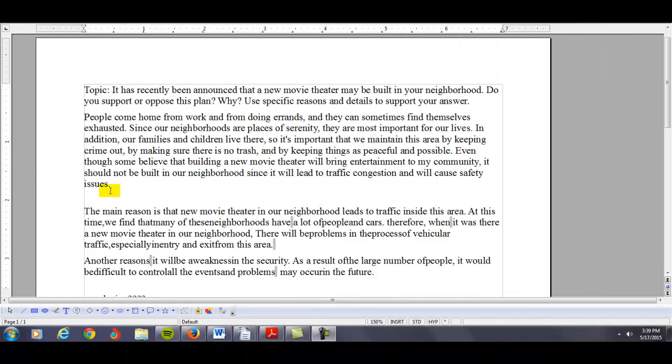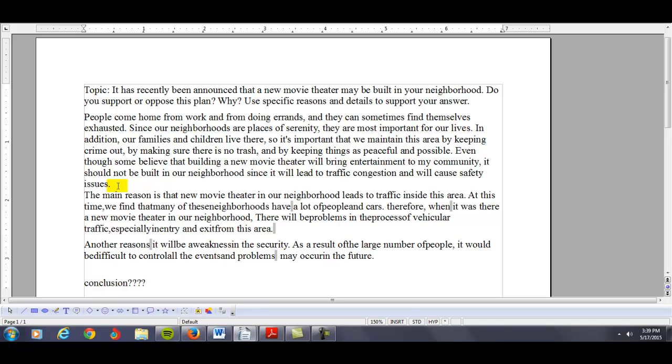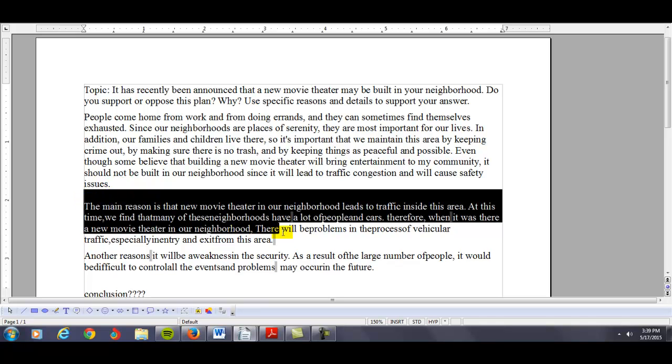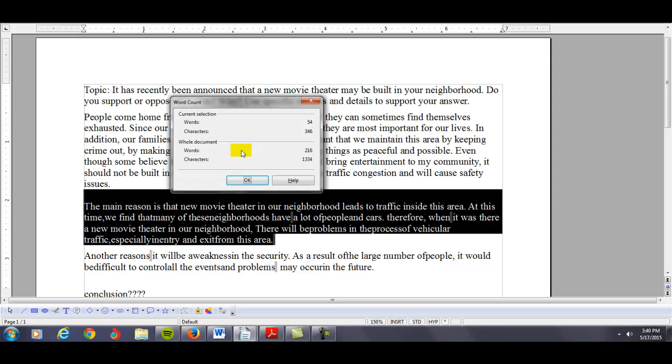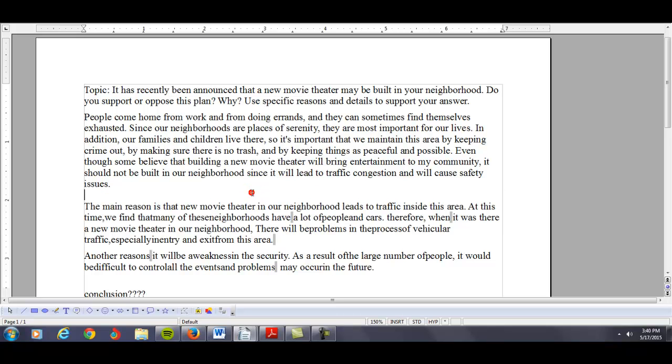Okay, so now what we want to do is to take one of your paragraphs and develop it more than it is. And this is going to help show you have some depth and complexity of thought to ideas. So right now you have a 54-word paragraph.